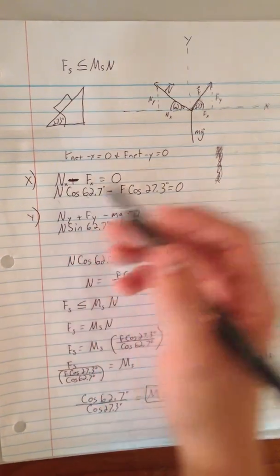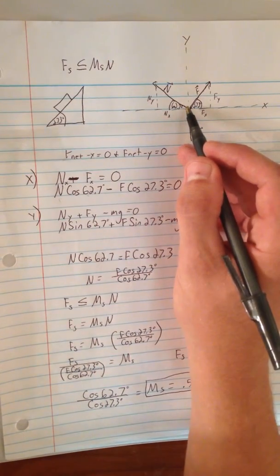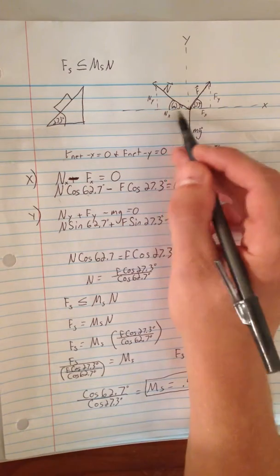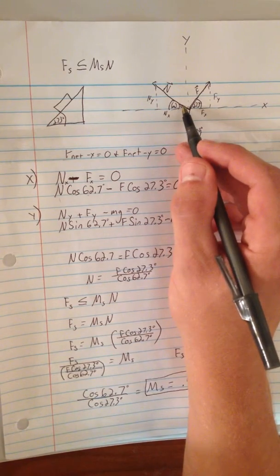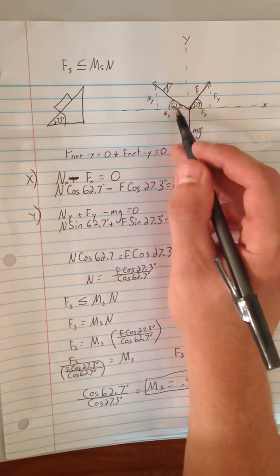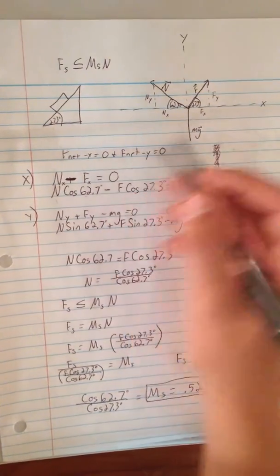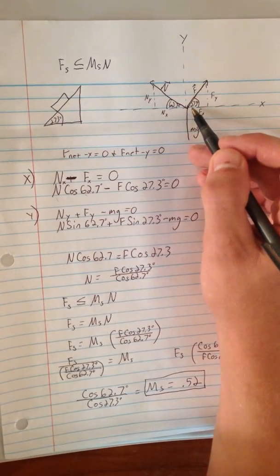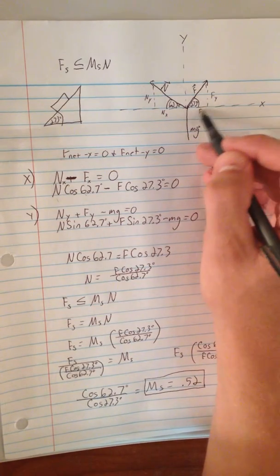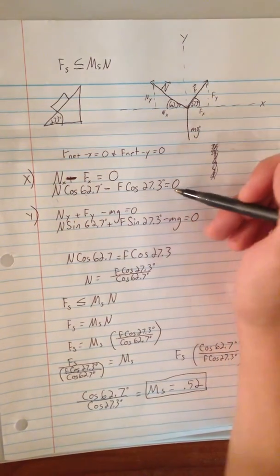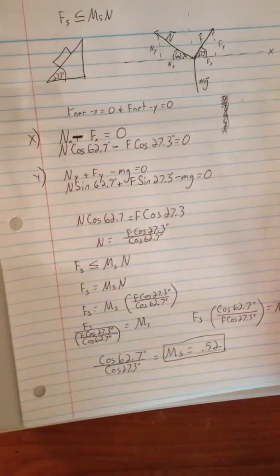We see that N times the cosine is going to give us this right here. So N times the cosine of 62.7 minus F times the cosine of 27.3 will give us this, and then make that equal to 0. Okay, now let's look at the y's.